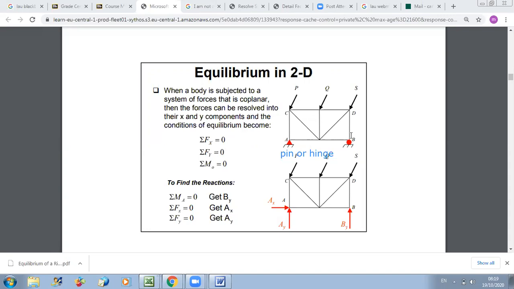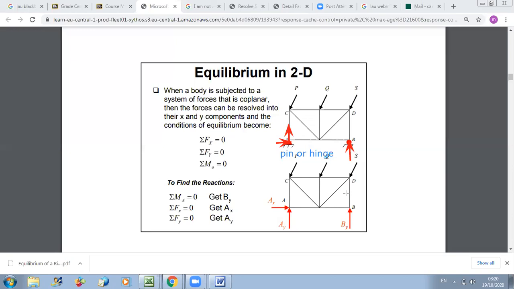Now B is a roller because you have the circle here. The roller will only develop a force that is perpendicular to contact. So at A you have AX, AY, and at B you only have the BY reaction. Okay? So now, in your problem, you have 3 unknowns, BY, AY, and AX.